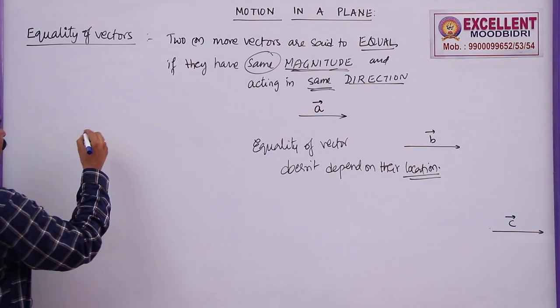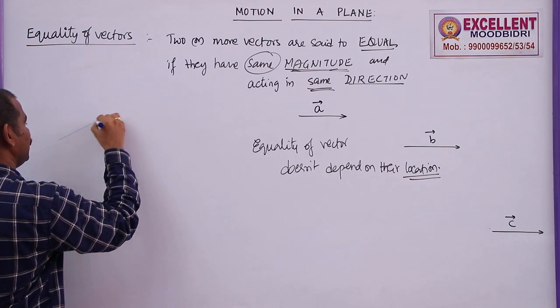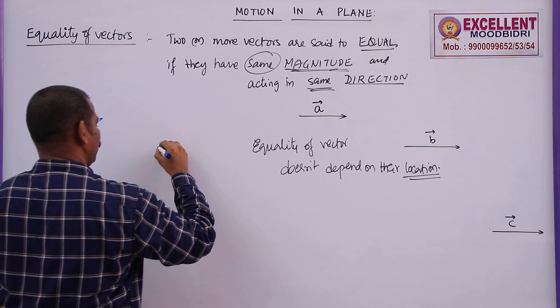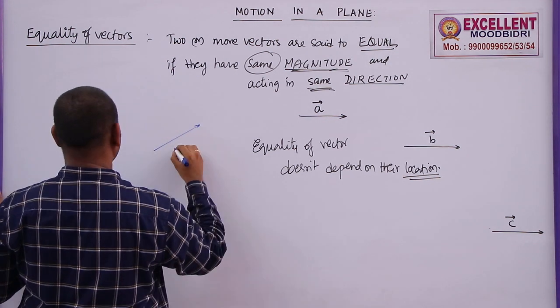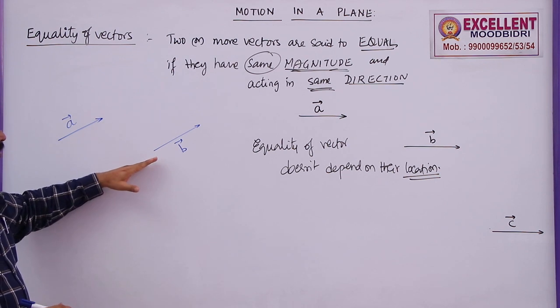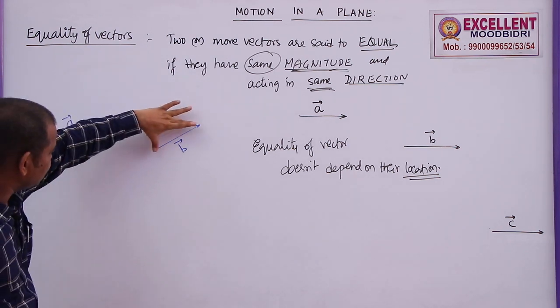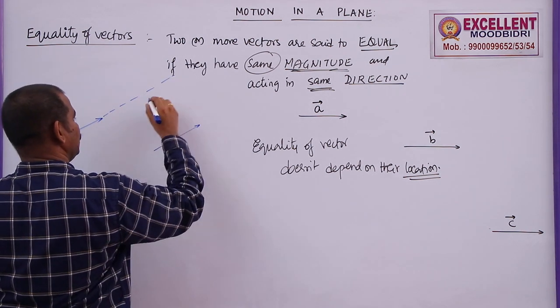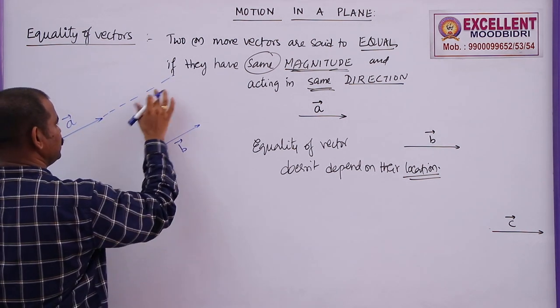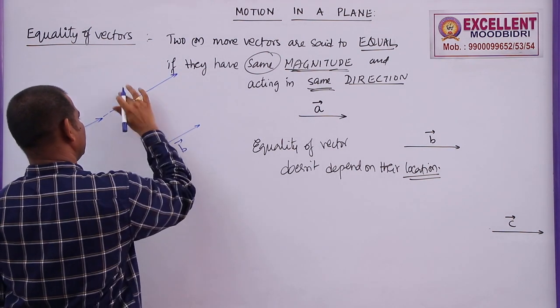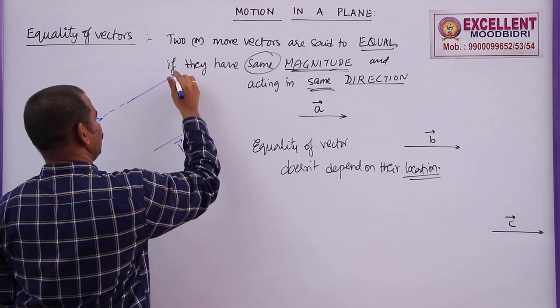In the case of two vectors, let me take this is vector A, which is acting in this direction, and one more vector acting in the same direction, vector B. Even these two are said to be equal vectors. Why? Because their magnitudes as well as their directions are the same. That means if you displace this vector, we can draw it as an equal vector here.